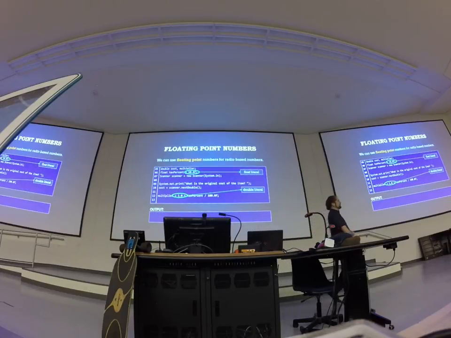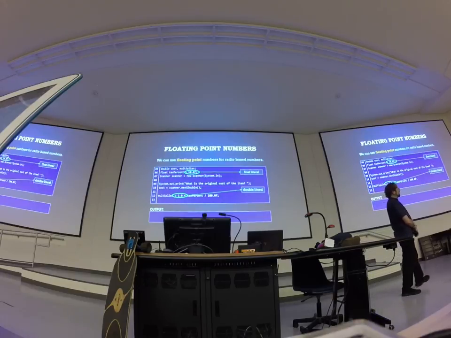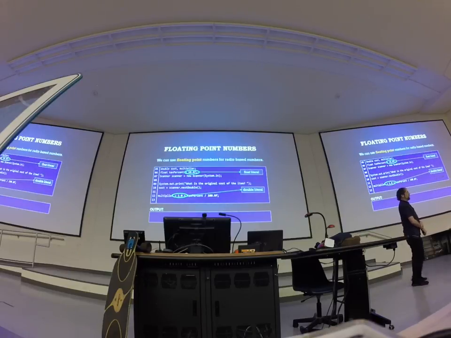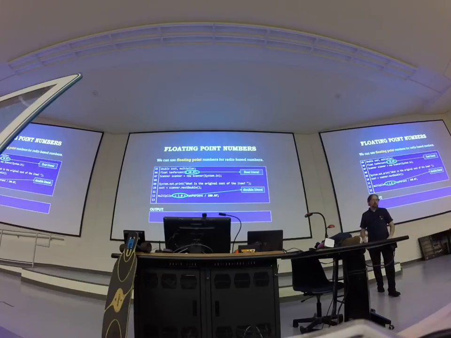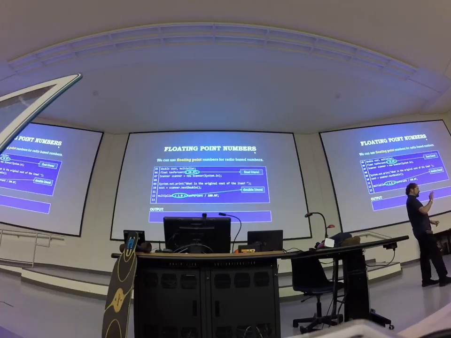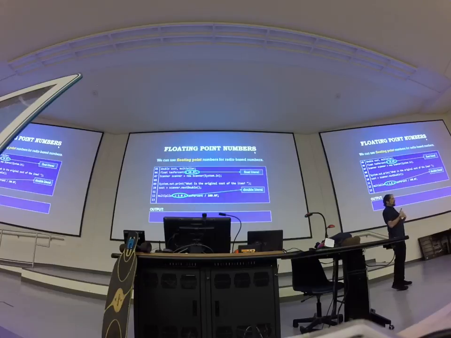Yes, sir? No, it's okay. But you define floating point as radix-based numbers. What are radix-based numbers? Good question. I'm going to rephrase your question. The question was, what is a radix-based number? A radix means a way that we separate a whole number from a fractional number. So our radix, in human numbers, is a decimal point.